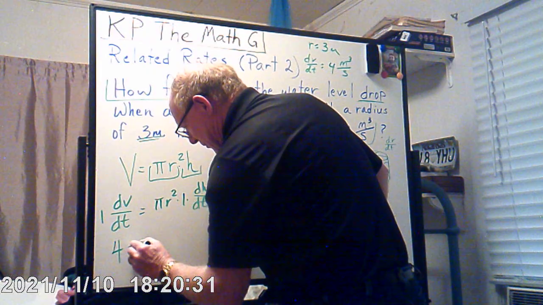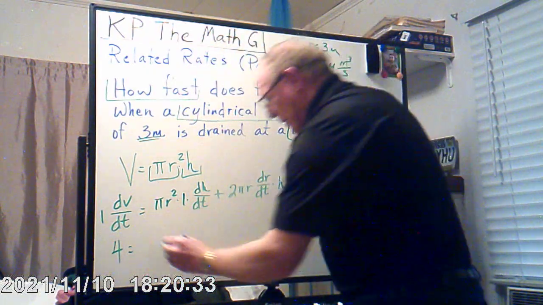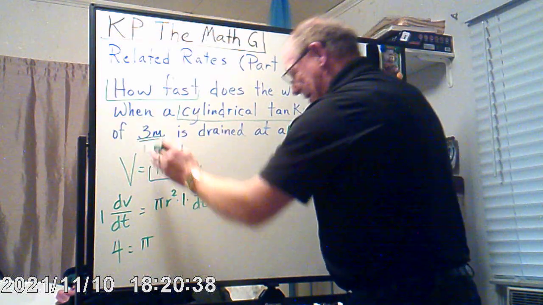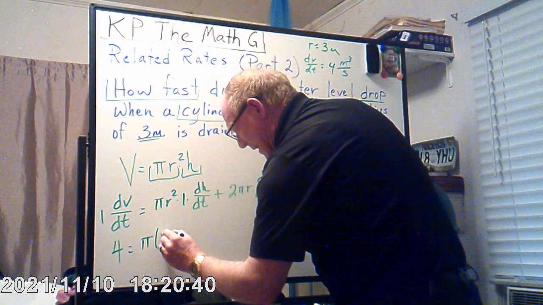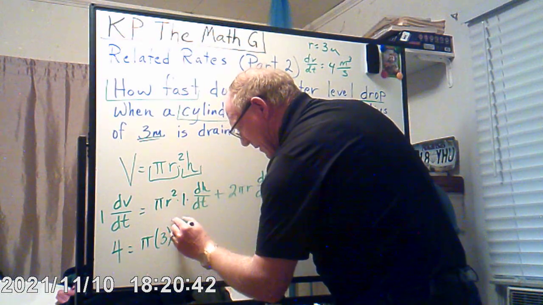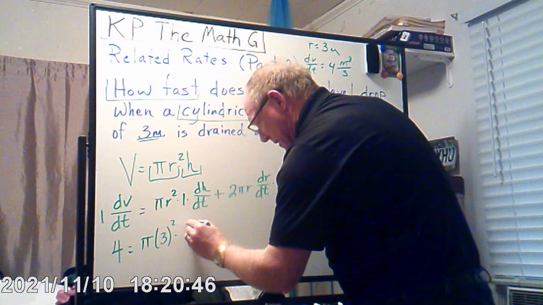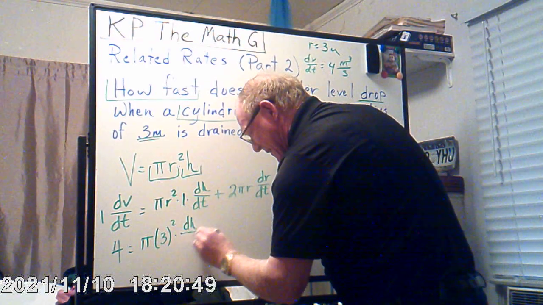So 1 times 4 is 4. Pi, we know that the radius is 3, so 3 squared, and then times dh. 1 times dh over dt is dh over dt.